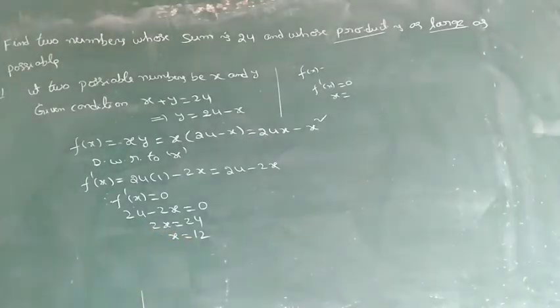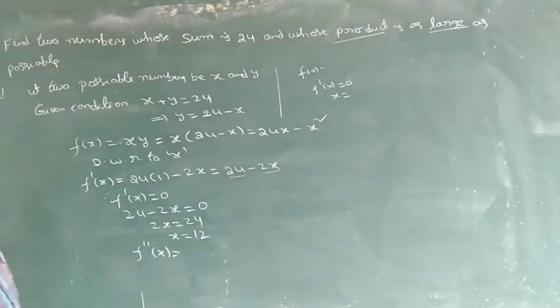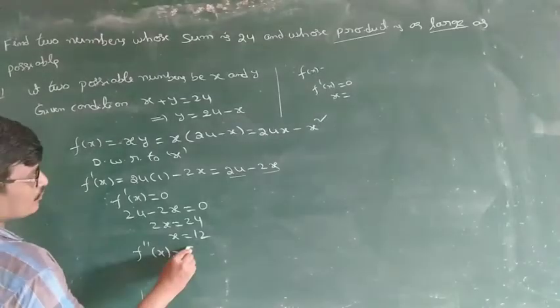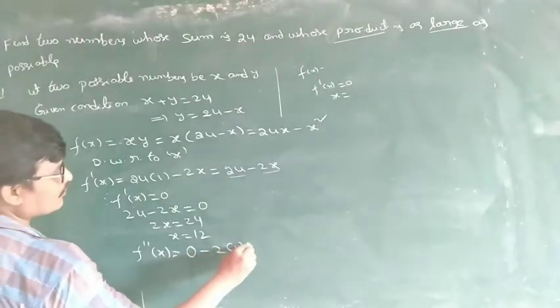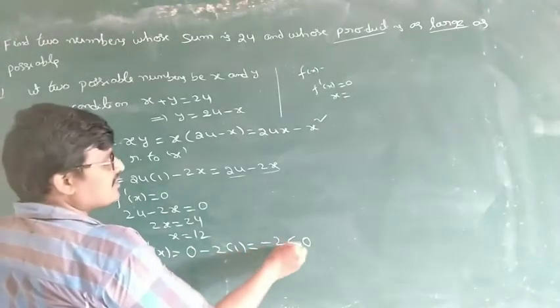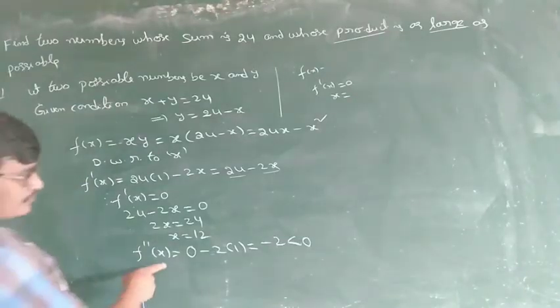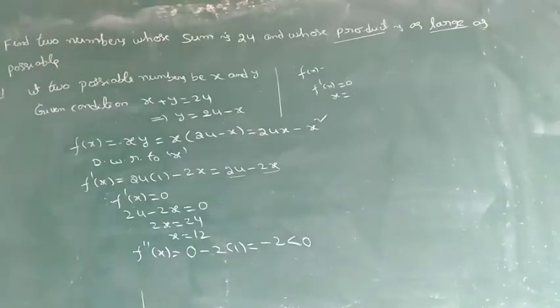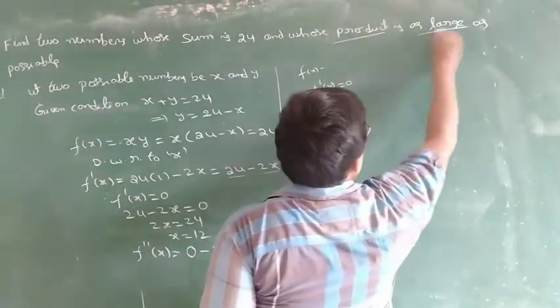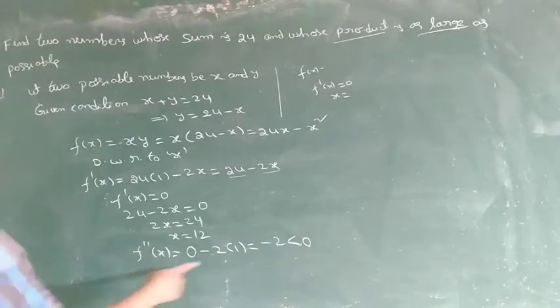Second derivative test. f of x dash is 24 minus 2x, so f double dash of x is equal to 0 minus 2 into 1, which is minus 2, less than 0. f double dash of x less than 0 means maximum value. What value do we want? Large value. So 12 is correct.